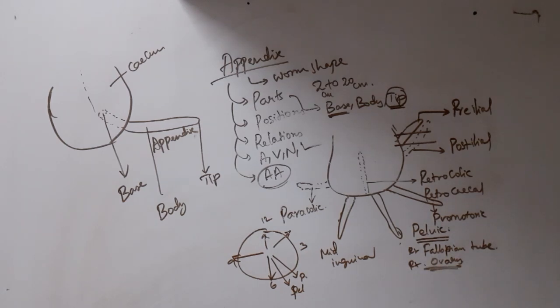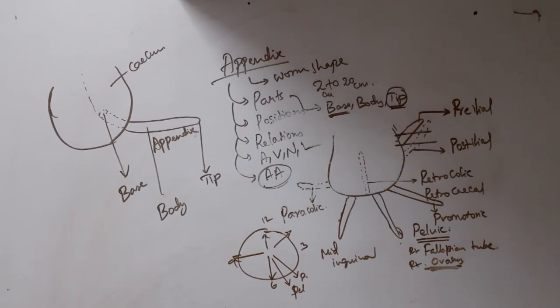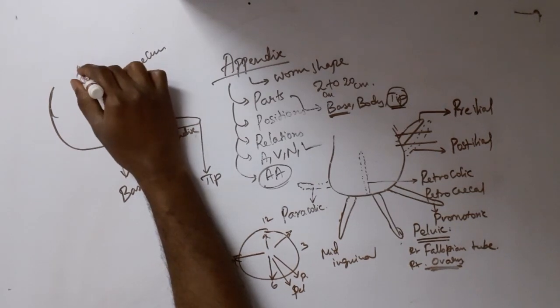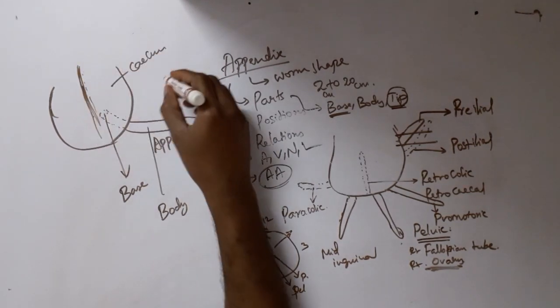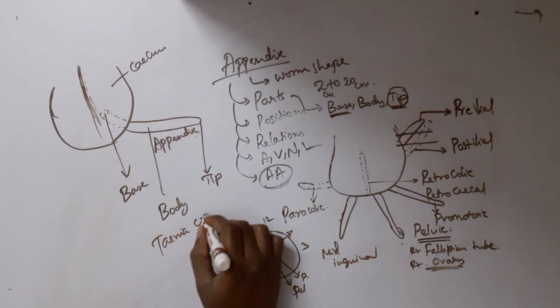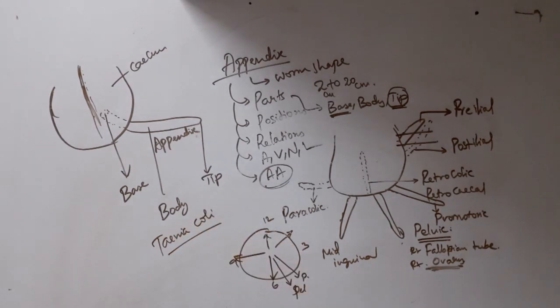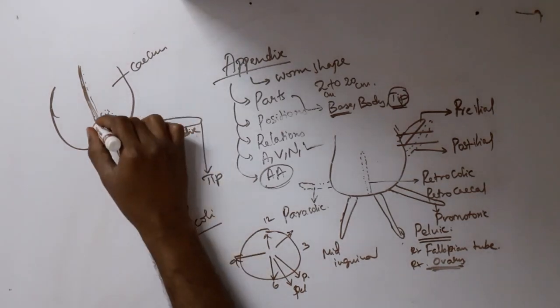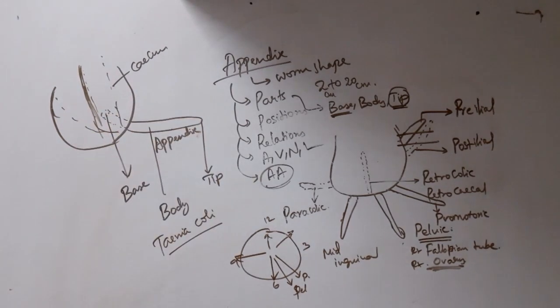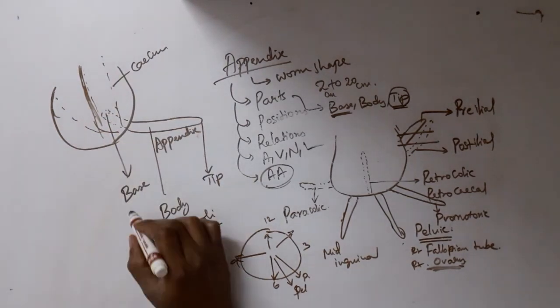Then how do you identify the appendix while doing surgery? As you have seen before, the cecum has three bands that we call the taenia coli. What happens to the taenia coli? They merge towards the appendix. All three taenia coli merge towards the base of the appendix.